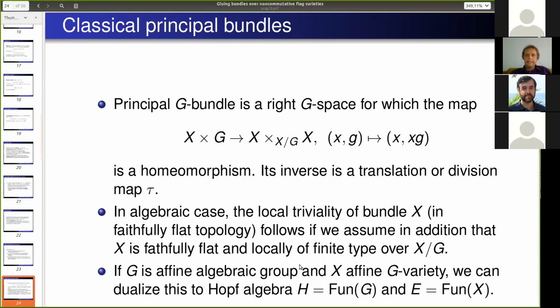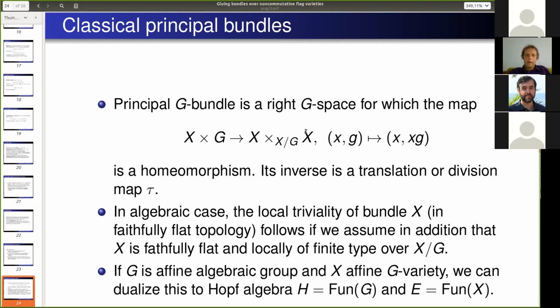Now, what is a principal bundle? In the classical case, you require that there is a right action of a group which is free and which has some continuity property, and which comes automatically from local triviality. In the algebraic case, it's also the other way around under some technical assumptions.